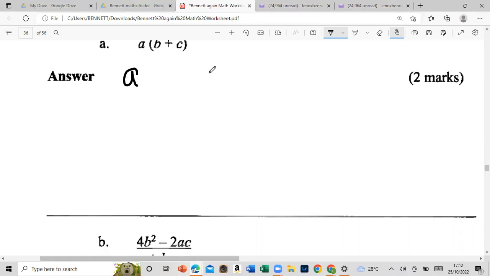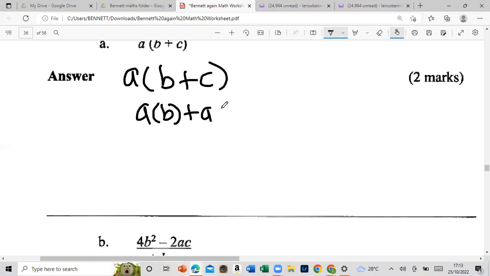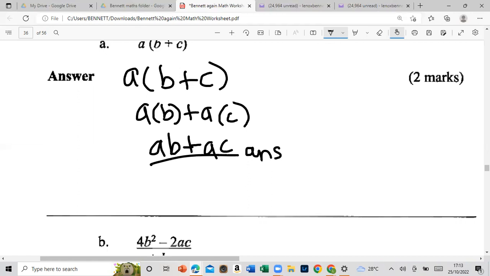We have A bracket B plus C. So the distributive property states that you multiply each, so it's A times B plus A times C. So A times B is AB and A times C is AC. And that will be our answer. I don't want anybody to add up and say ABC. You cannot add or subtract unlike terms, alright?